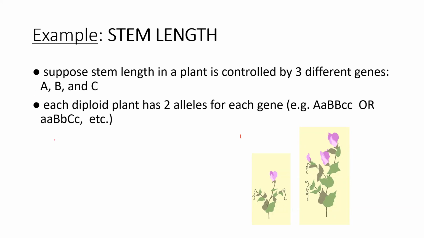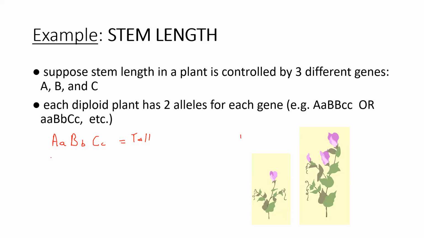So since we have 3 genes, let's say we have capital A, which means the gene for tall. We have lowercase a, which normally means short. We have capital B, which adds to the tall, lowercase b for the short, capital C, lowercase c, you know, the whole thing. So this would equal a tall plant, right?